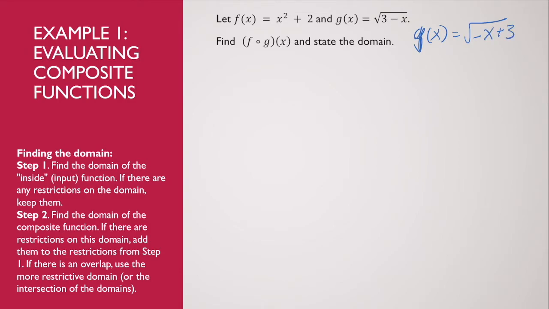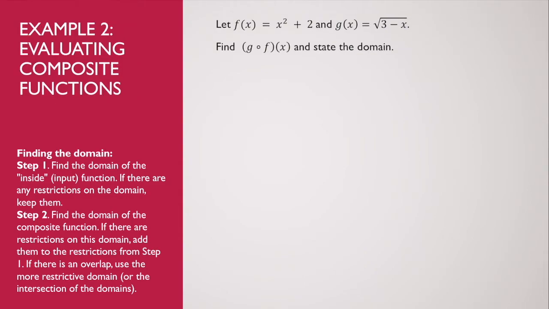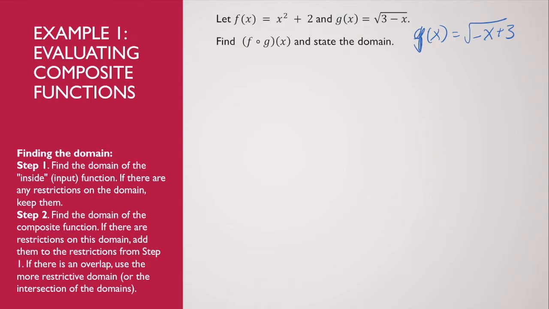That shifts my x values. Remember, if I have a negative in front of my x, that is a flip across the y-axis, so my graph is going to look like this radical.